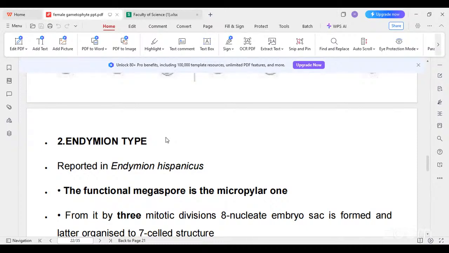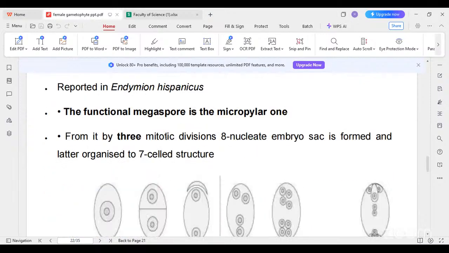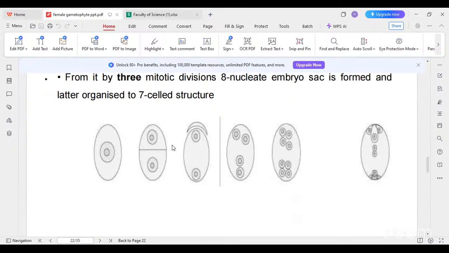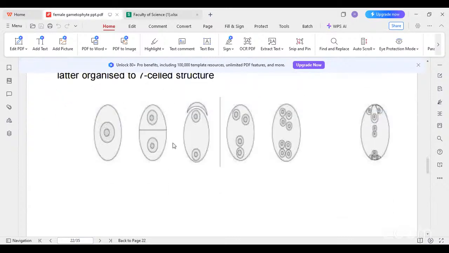In these divisions, an eight-nucleate embryo sac is formed and later organized into a seven-celled structure. Here you can observe that in this part only the seven-cell structure is present.